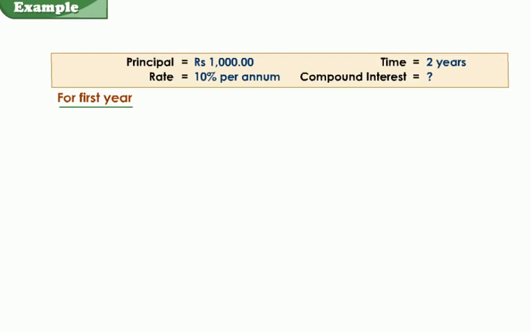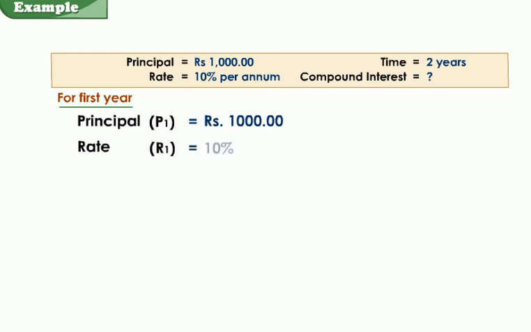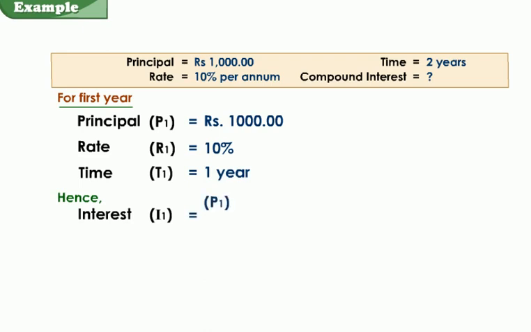For the first year, principal P1 is equal to rupees 1,000. Rate R1 is equal to 10%. Time T1 is equal to 1 year. Hence, interest I1 is equal to P1 into T1 into R1 divided by 100.